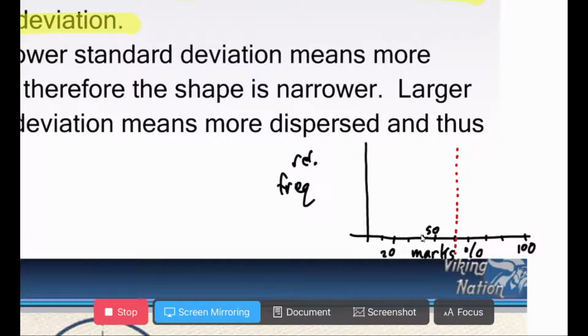We have students of wildly varied abilities in this class, and so our distribution maybe is going to look something like this. Red represents our weak class, with varied ability.